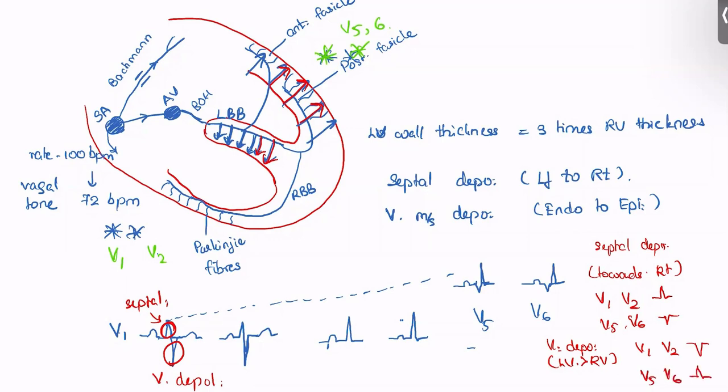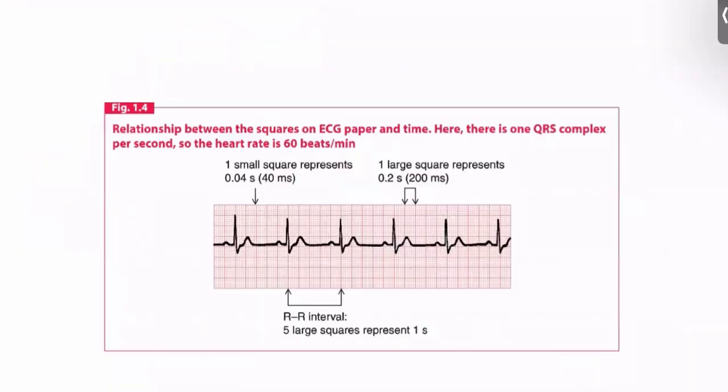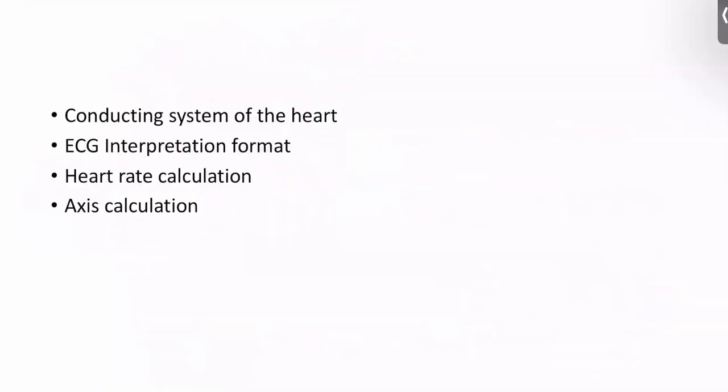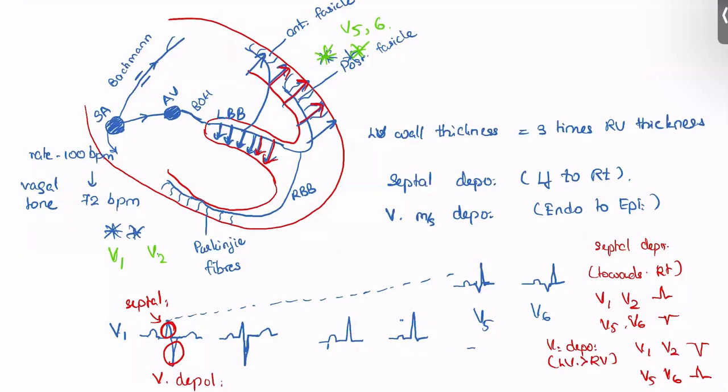This also explains why there is R wave progression towards V5 and V6 in a normal ECG. Okay, let me add some more.